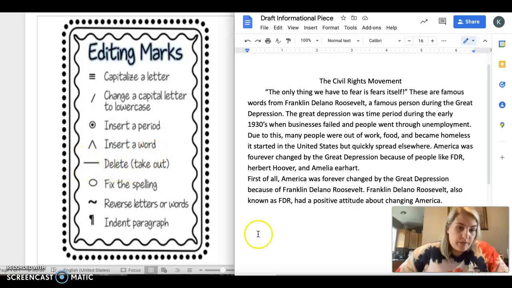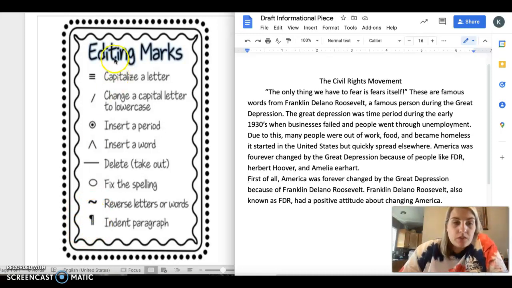The little slash through it just means delete it, take it out, you don't need that word in there at all. Fix the spelling. Some people have trouble spelling, so you would just need to circle the word and fix the spelling. The little reverse symbol means reverse letters or words, and to indent a paragraph is this little backwards P.